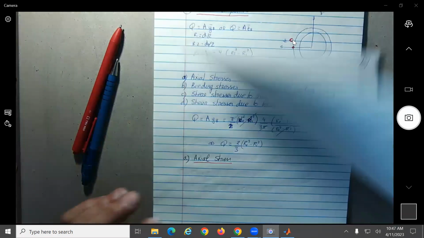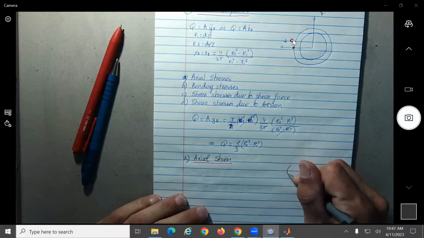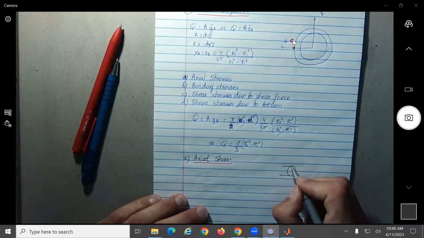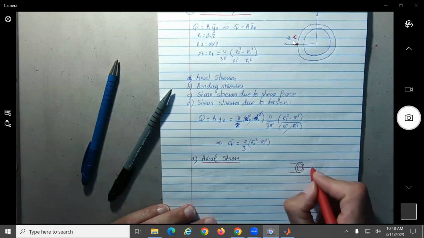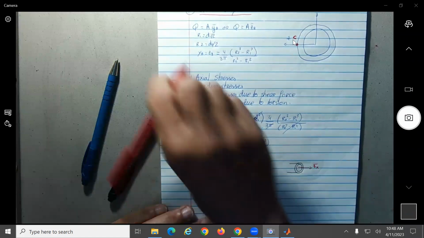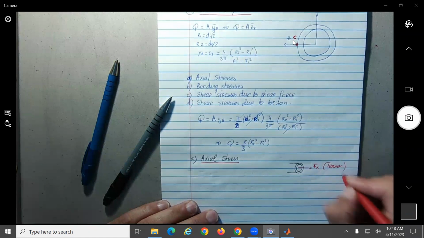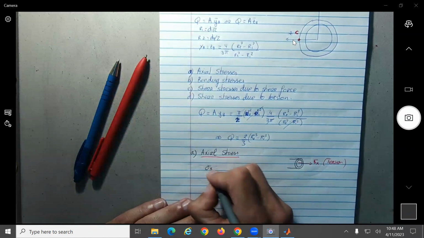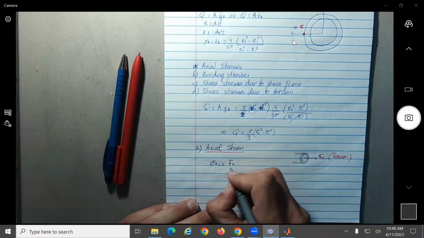If we show our cut sideways, we have our force going this way, so this will be in tension. So you have sigma x1, if you want to call it that, equal to Fx divided by A.